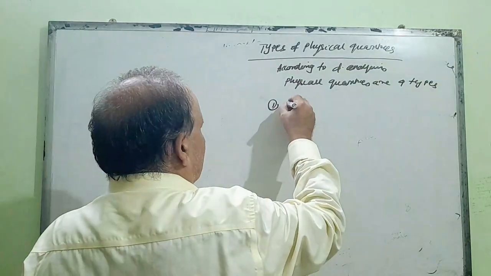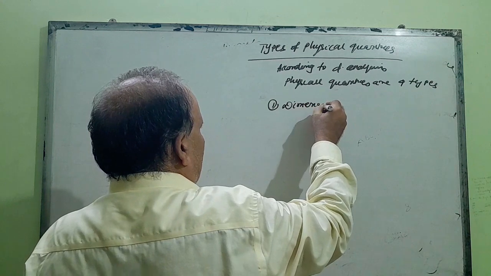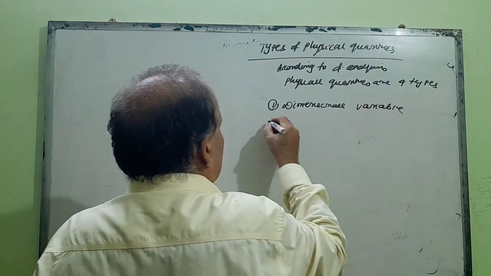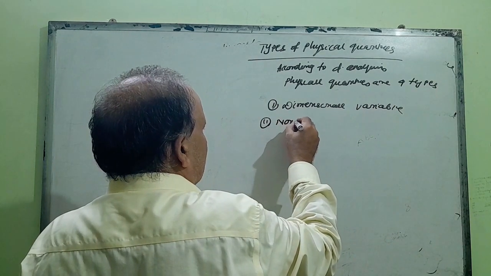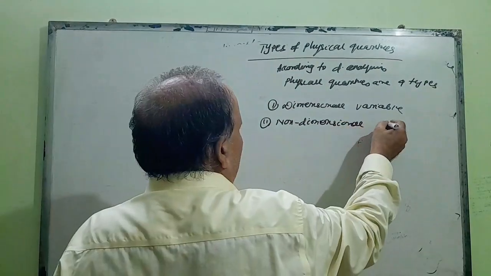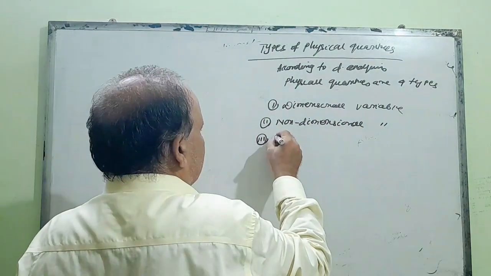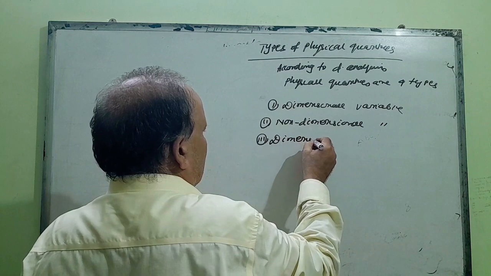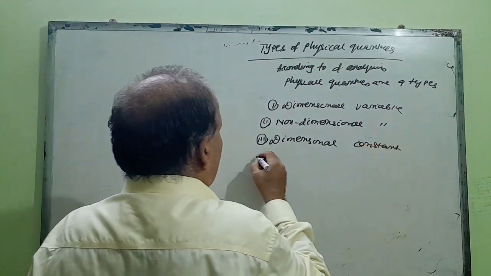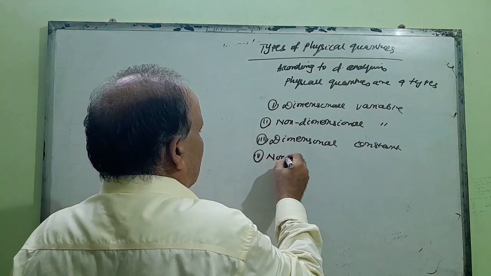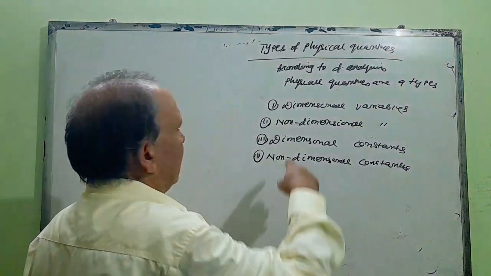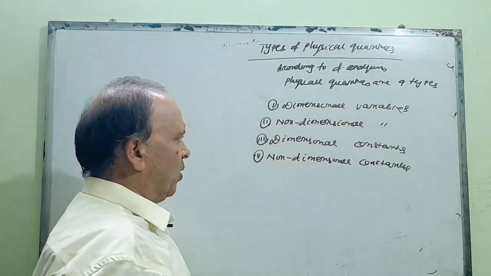One is dimensional variable. Second one is non-dimensional variable. Third one is dimensional constant. The fourth one is non-dimensional constant.